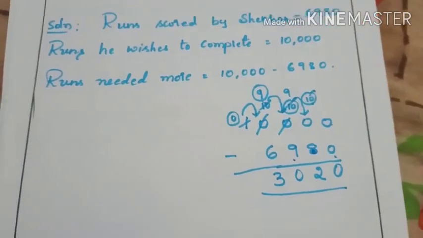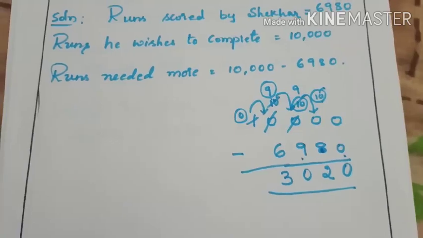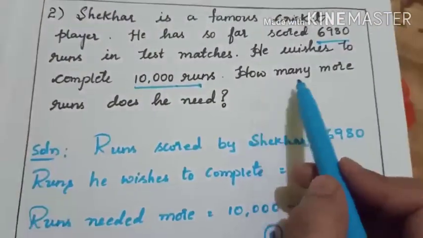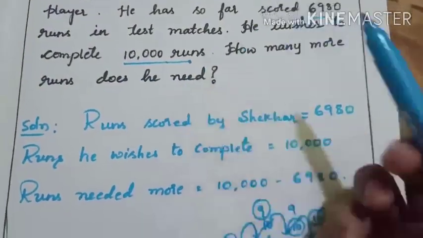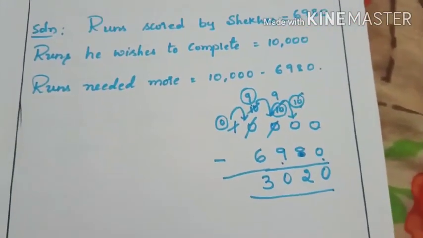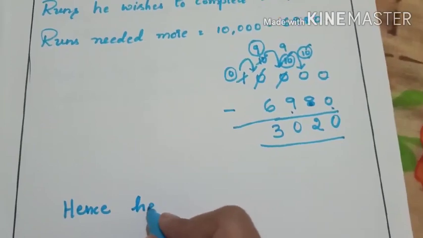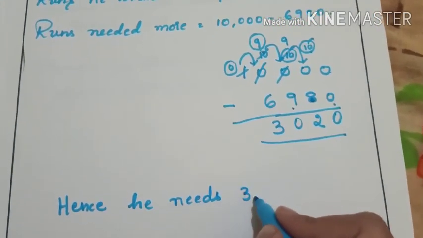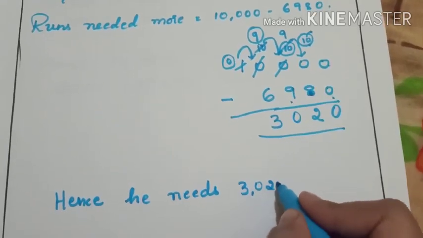Okay, write down. Hence, here the question is, how many more runs does he need? Write down. Hence, he needs 3,020 runs.